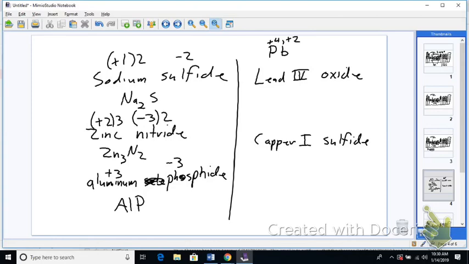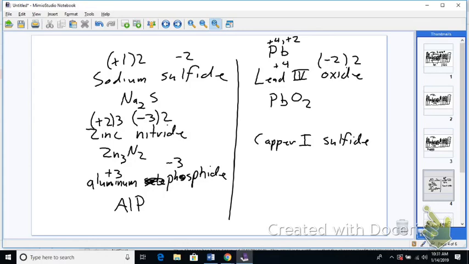You guys see why I have to tell you what the charge is? Because if I didn't, you wouldn't know which one to use. So if it's a lead 4, then it's what charge? +4, right? And oxygen's always a -2, so then that formula would be what? PbO2, right?